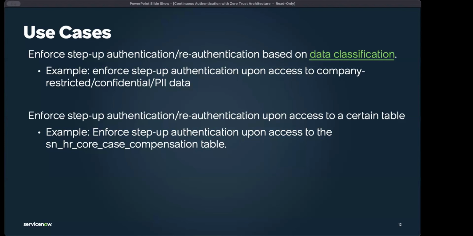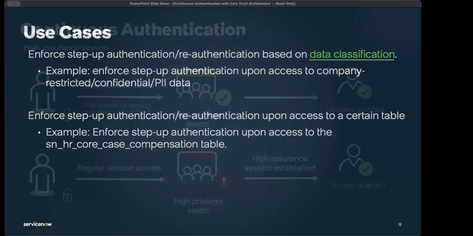You can create policies just based on the table. In the second case, if you have already identified the tables that require protection and you have associated a data class to them, you can also configure policy based on data class. I'll cover both of these use cases in my demo, and I will show you what the key difference is. Next slide.